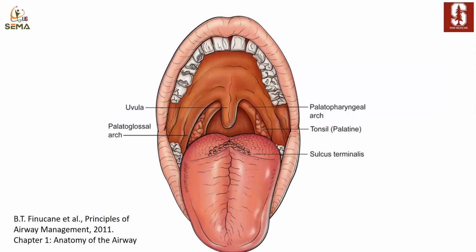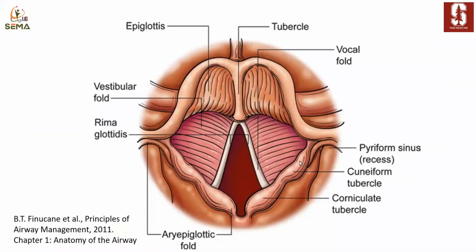So you start by opening the patient's mouth. Hopefully you will see this beautiful picture here with a clear uvula, soft palate, hard palate, the tonsils, the tonsillar pillars. Then you go all the way down and you see the vocal cords.